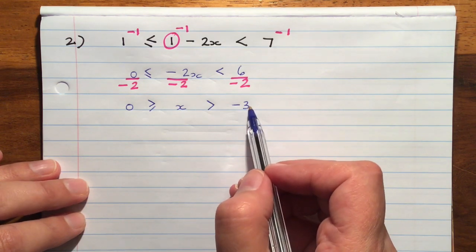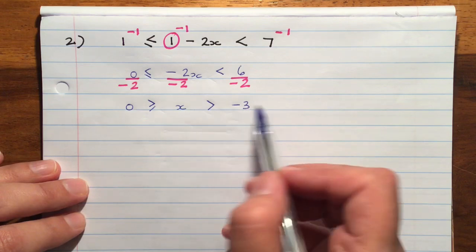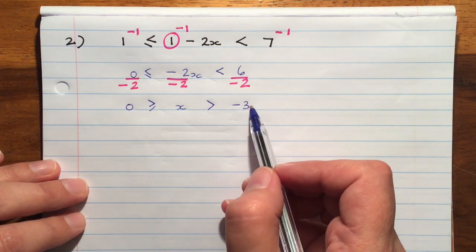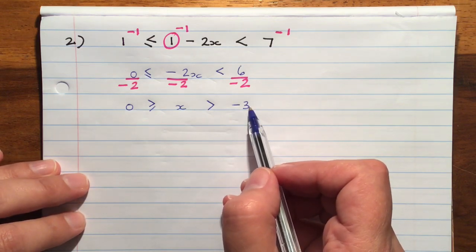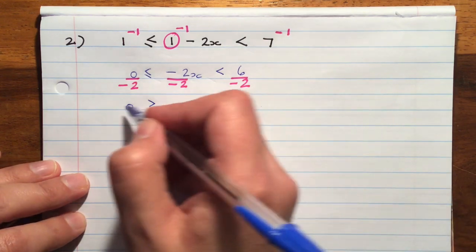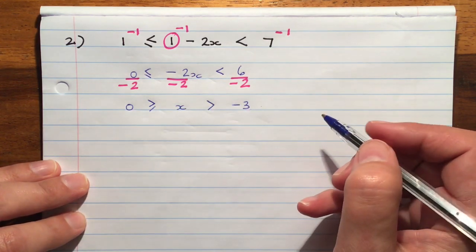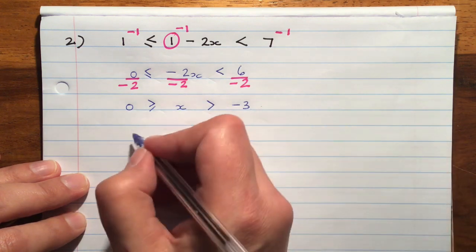And when we want to draw a number line, remember, you have to draw the number line from left to right, smallest to biggest. So in order to swap this around, you're going to start at the right and work backwards. It's almost like writing the mirror image of what you originally had.